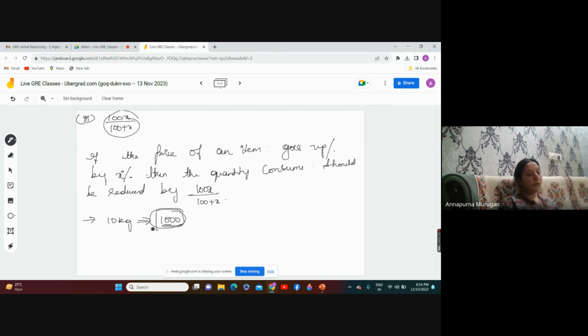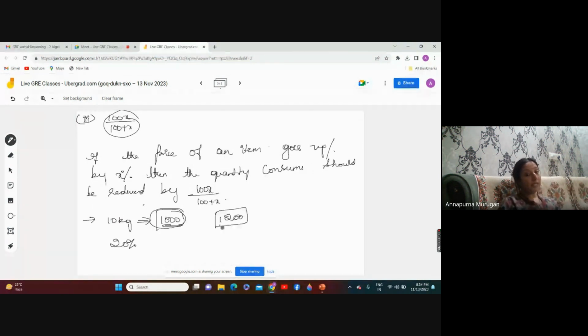But now the price of sugar goes up by, let me take, 20%. So now the price will become 1,200 here. Because for 10 kg of sugar, 1,000 rupees means per kg it is 100 rupees. So 20% going up means 200 rupees, so now the price has become 1200.